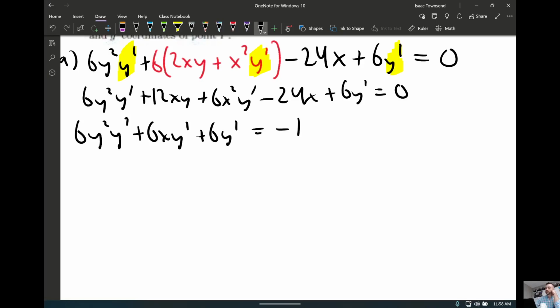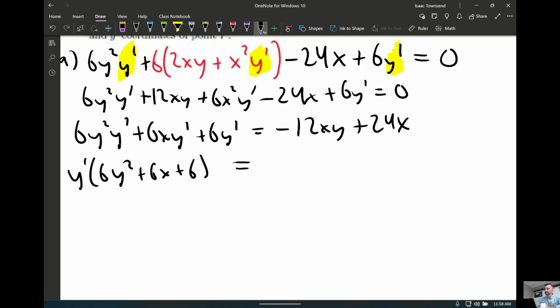Anything that doesn't have a y prime, let's subtract it over. Because everything on the left has a y prime, we can factor out that GCF. We can undo times with divide.